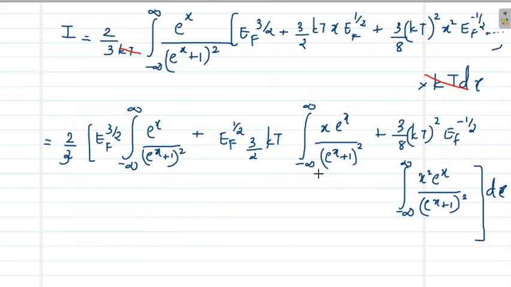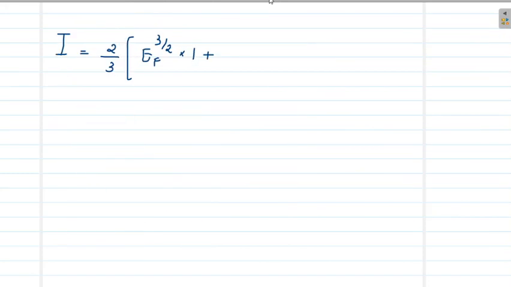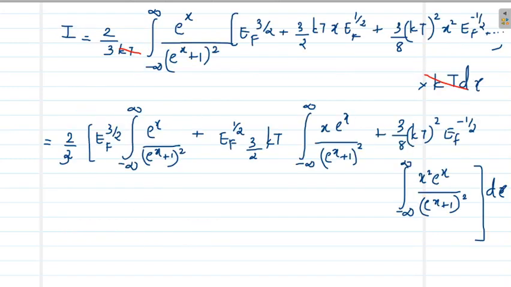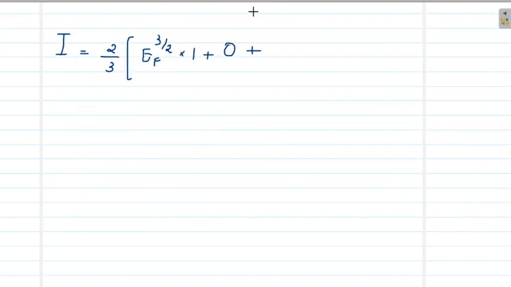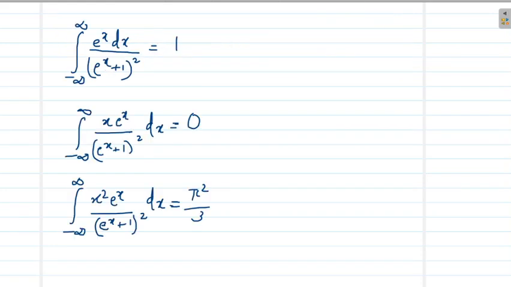This term will be 0 because the value of this integral is 0, into 0, plus 3/8 into (kT) square into Ef^(-1/2) multiplied by the value of the integral. So it will be 3/8 into (kT) square into Ef^(-1/2) multiplied by the integral value, which is pi square by 3.